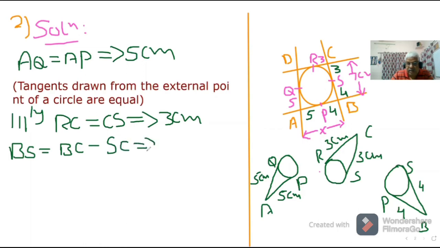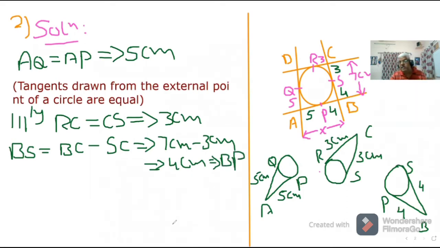Observe, dear friends, here it is 7 centimeter minus 3 centimeter, which gives you how much? BS is 4 centimeter, which is also equal to BP, because BS and BP are the tangents drawn from the external point B.